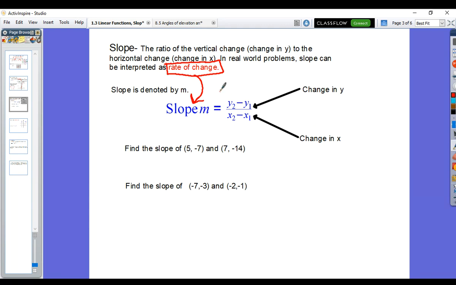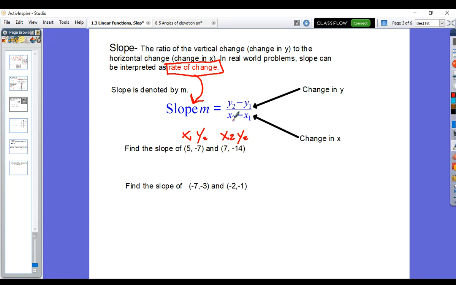Now, slope, or m, is equal to y2 minus y1 over x2 minus x1. Like we've talked about before, this little 2 and this little 1 have no actual value. They're just used to tell the difference between one set of xy coordinates and the second set. So for example, here's our first set, x1, y1. This is our second set, x2, y2.